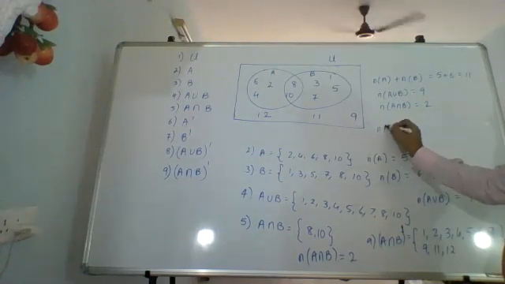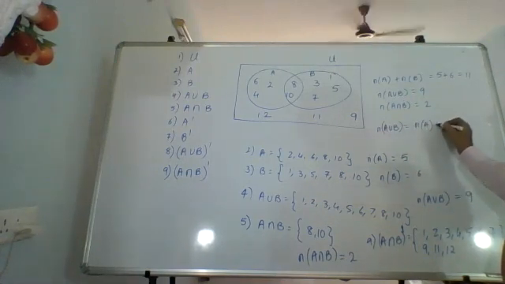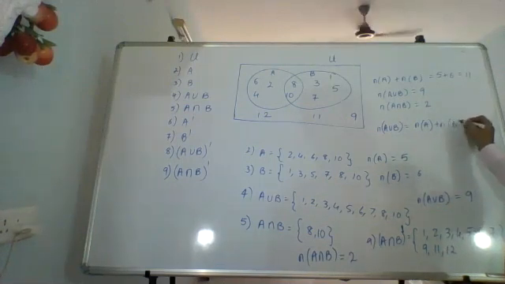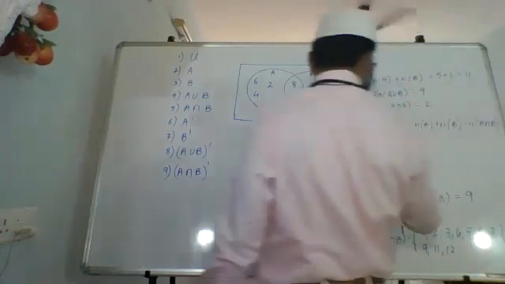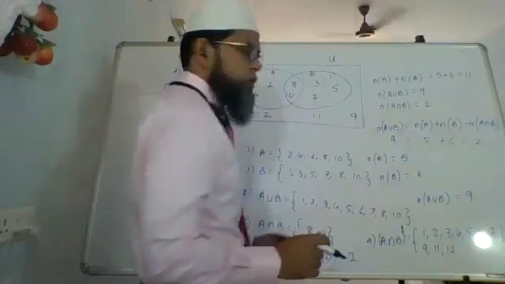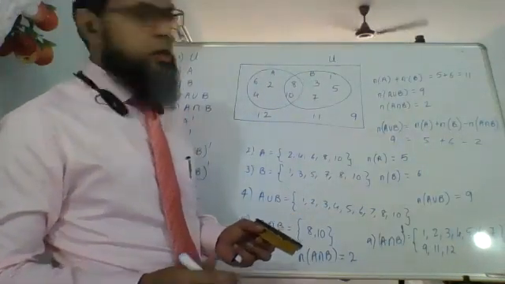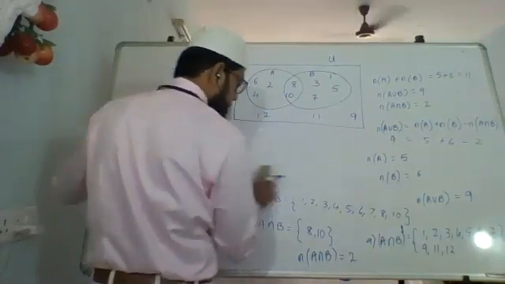N of a union b equals n of a plus n of b minus n of a intersection b. You see 9 equals 5 plus 6 minus 2. That works out. Okay. So I'll erase this so that I can write in big.